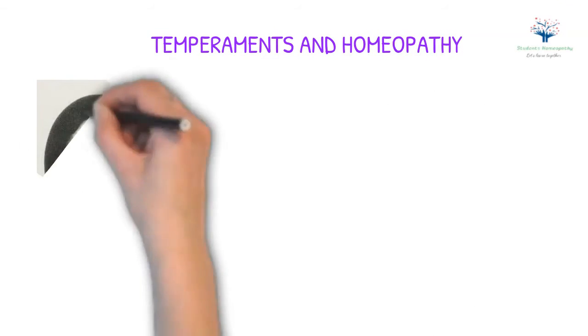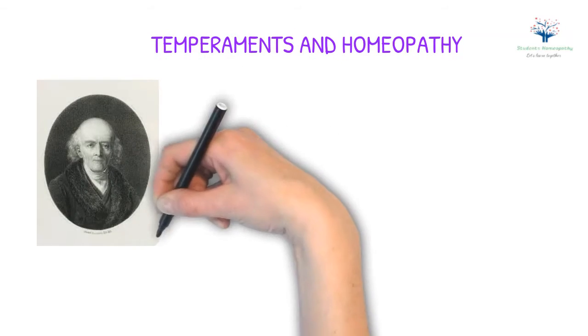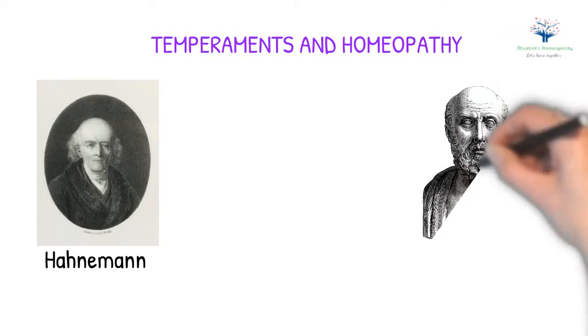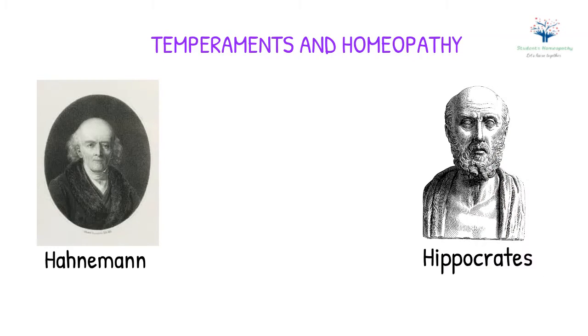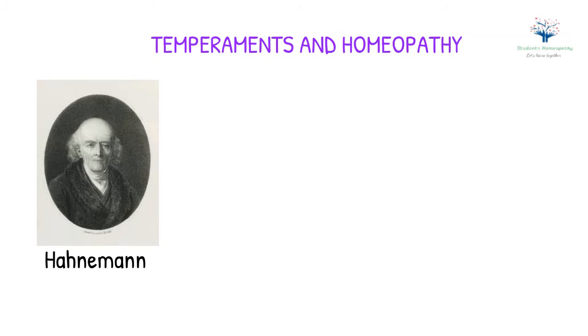Hahnemann was closely acquainted with the writings of Hippocrates and his description of the 4 elements. So, the evolution of temperaments in homeopathy started with Dr. Samuel Hahnemann. He recognized the importance of a person's temperament in determining the disease and medicine.